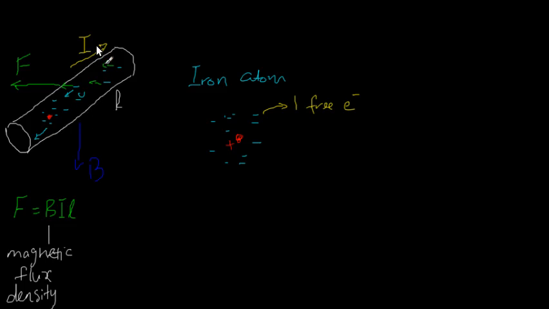So instead of describing the flow as a current, which is lots of charges moving every second, if we look at a single electron moving with a velocity v, can we calculate the force on that single electron? And this is the question I'll try to answer over the next few videos.